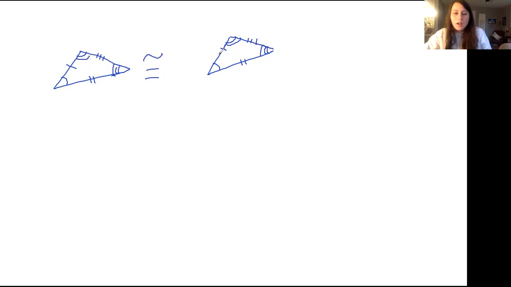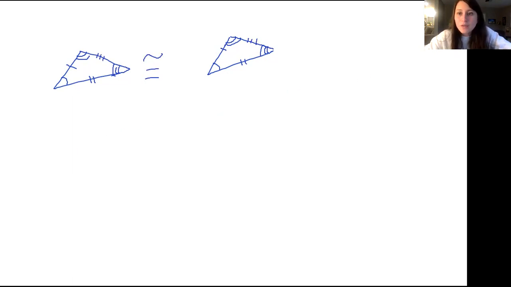And so to prove that two triangles are completely congruent, they're the exact same size and exact same measures, we would have to see that all the parts are congruent. So we've actually come up with a theorem that describes this, and that is called, well, it's not really a theorem, I guess. It's just a saying. It's a phrase.